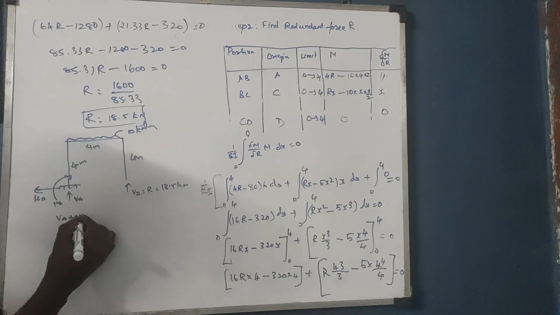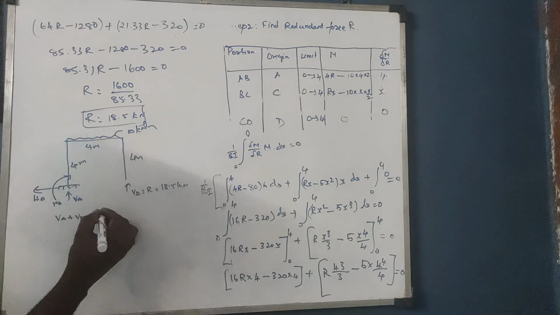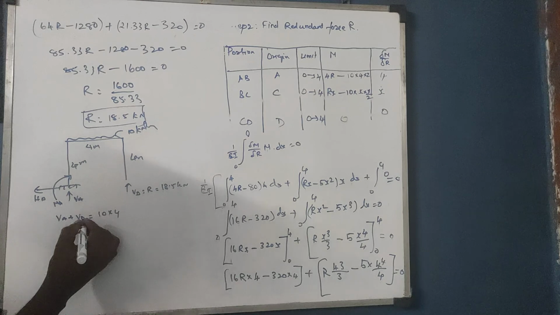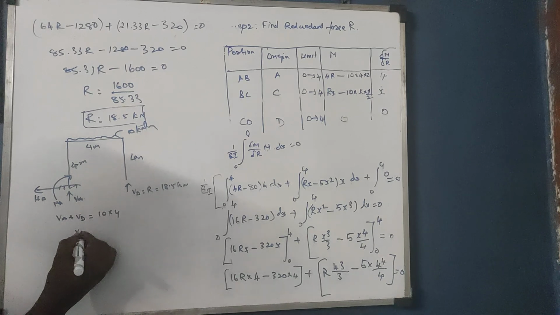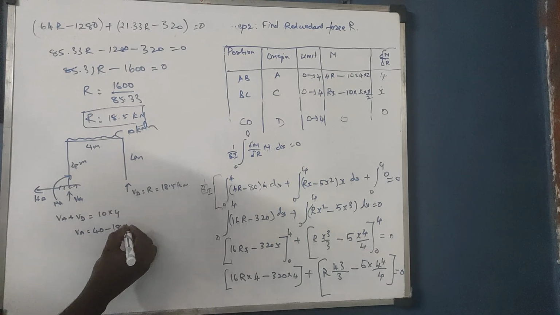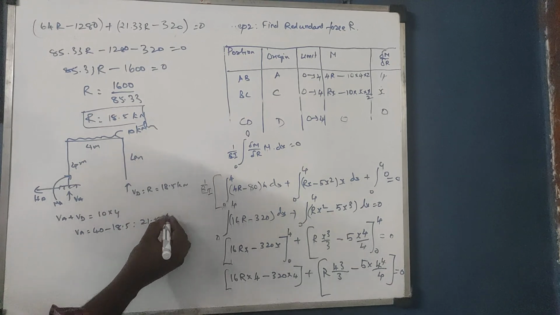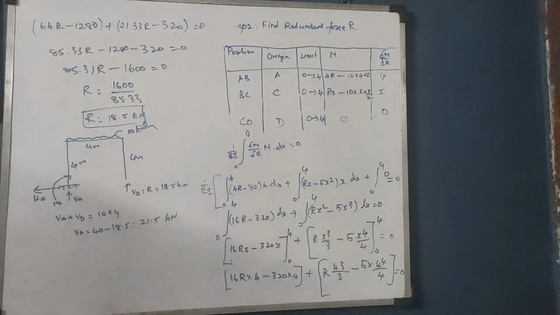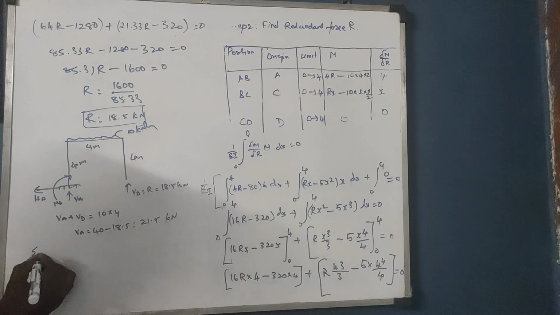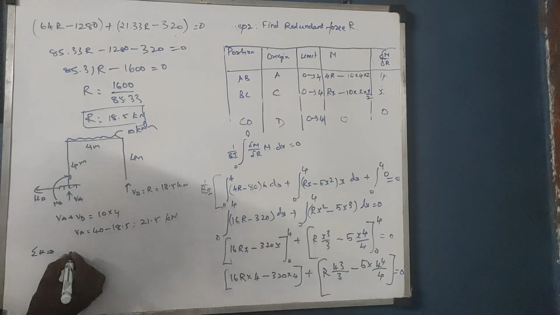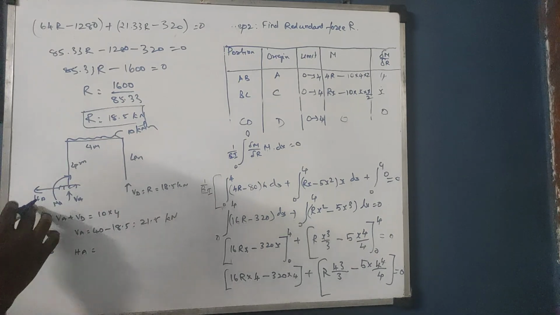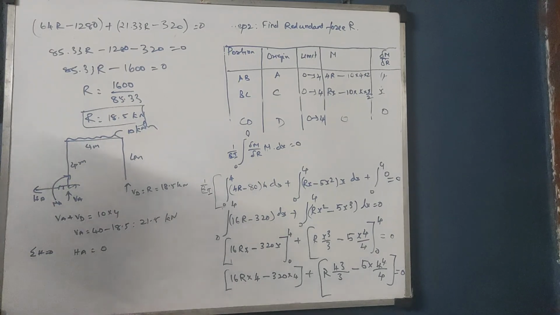VA plus VD equal to 10 into 4, UDL 10 into 4. We know the value of VD. Therefore, VA equal to 40 minus 18.5 equal to 21.5 kilonewton. Now, to find HA, sum of horizontal force equal to 0. We have only one horizontal force, therefore HA equal to 0.